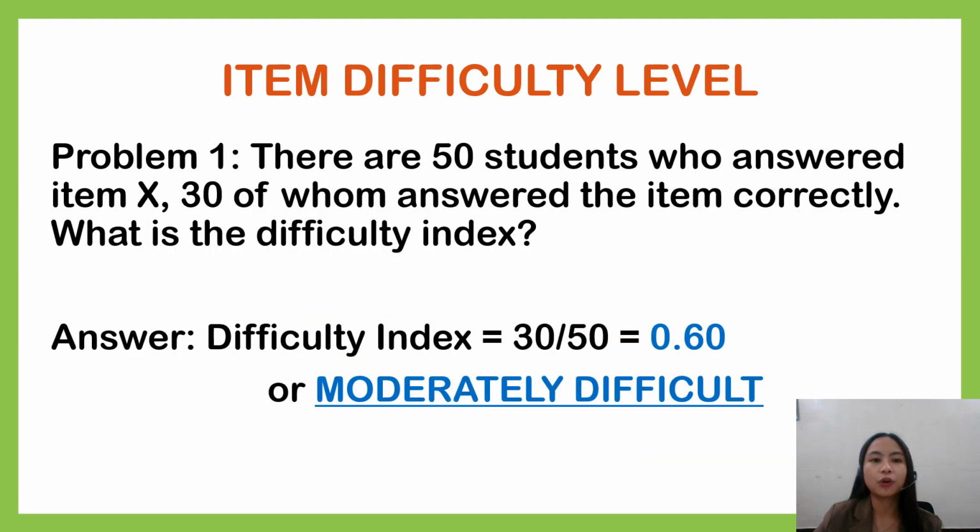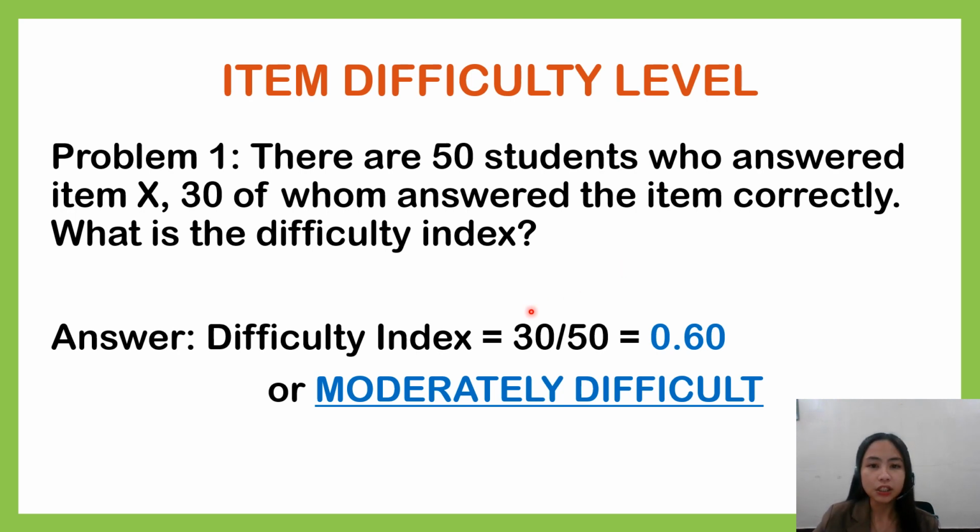Let's have an example. Problem number 1, there are 50 students who answered item X, 30 of whom answered the item correctly. What is the difficulty index? Again, the formula for difficulty index is equal to the total number of students who got the correct answer over the total number of students who answered the item.